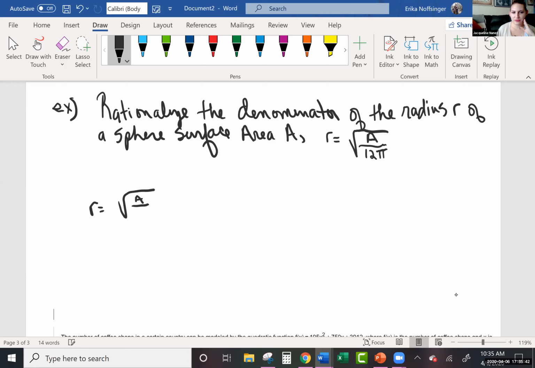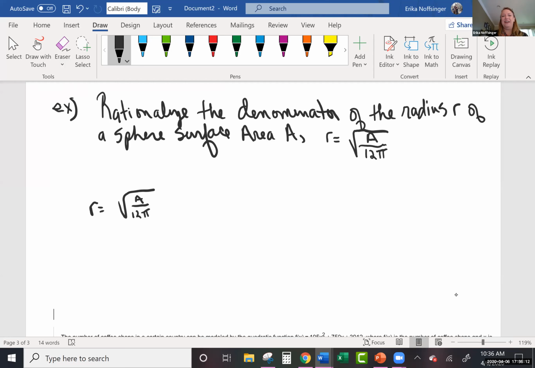So this is stuff we've already learned, but you're showing us how we're going to take it on the test because things have to be reworded. Like we know how to rationalize a denominator. And so instead of just saying rationalize the denominator of this, it's saying, okay, this is a formula used for surface areas of a sphere, and this would be what the radius is.